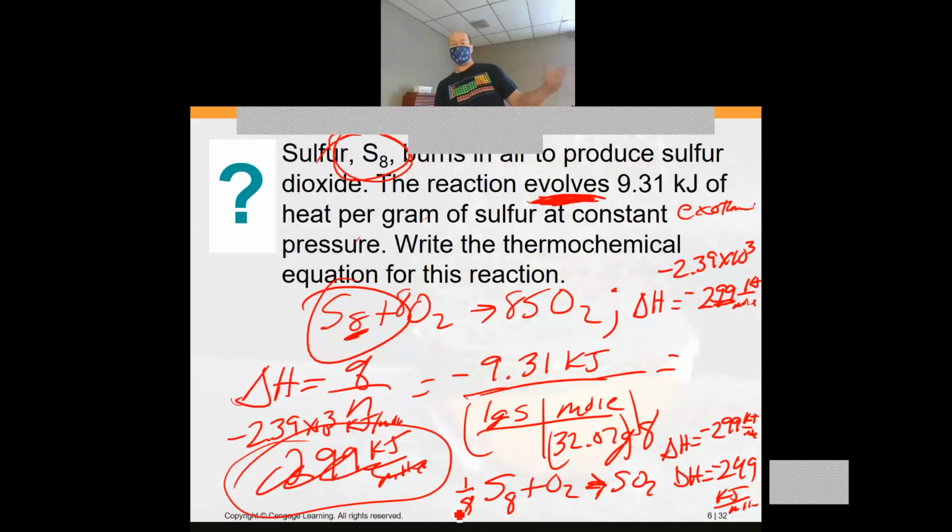This is per mole, so the negative 2.39 times 10 to the third is per mole of S8. If we had 1/8 of a mole of that, then we take 1/8 of that number, and 1/8 of that number is negative 299.